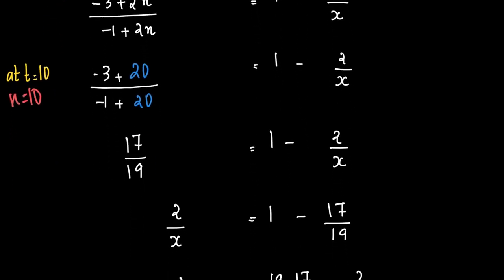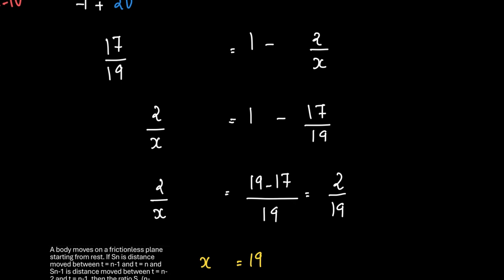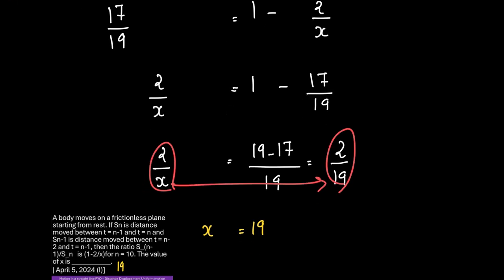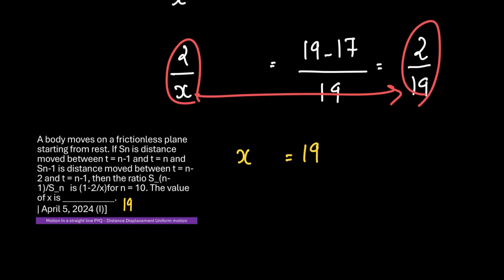So we have 17 by 19 is equal to 1 minus 2 by x. Transposing 2 by x, we have 2 by x is equal to 1 minus 17 by 19. So 19 minus 17 by 19 is equal to 2 by 19. And if you compare these two fractions, 2 by x and 2 by 19, x is equal to 19. And therefore, we can say that the correct option here is the value of x is equal to 19.